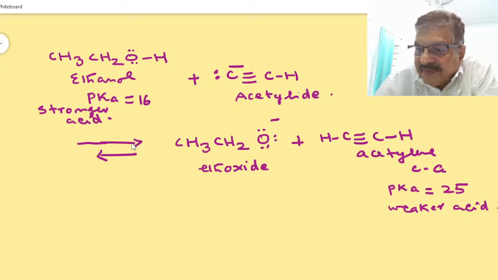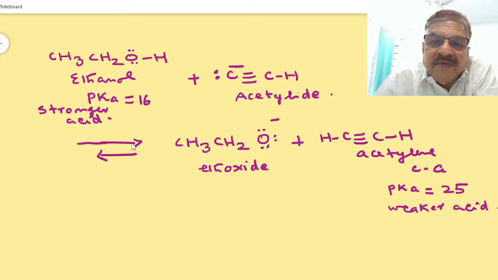So, an acid can be deprotonated by the conjugate base of any other acid having a higher pKa value. That means a higher pKa value means a weaker acid.